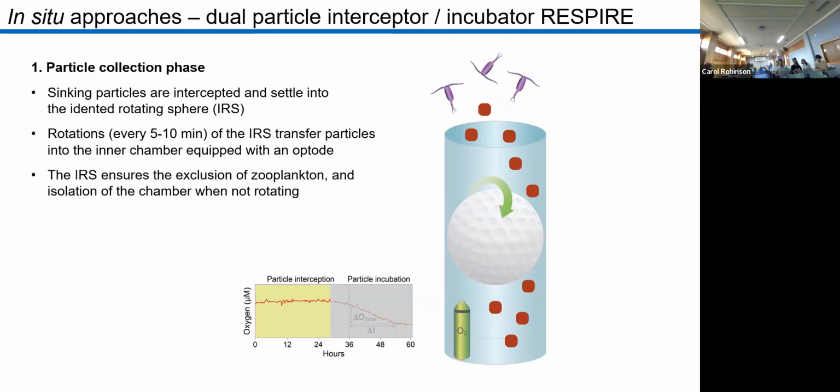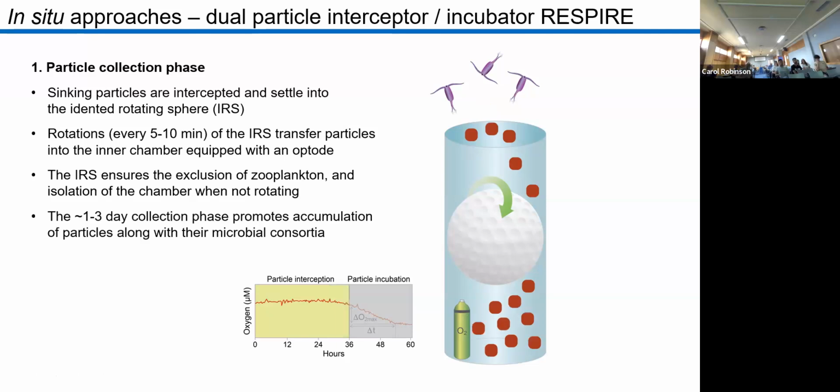This is key because we really want to focus on microbes. If we have zooplankton inside, the oxygen consumption signal can't be used. And when the sphere is not rotating, the incubation chamber is isolated from the ambient water.